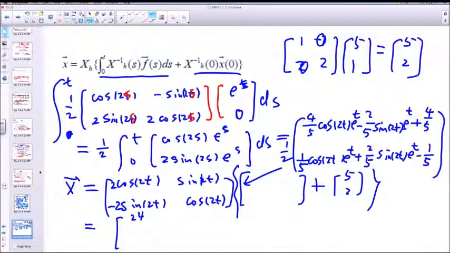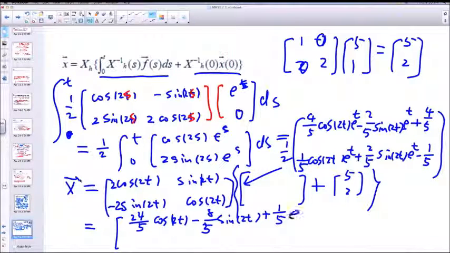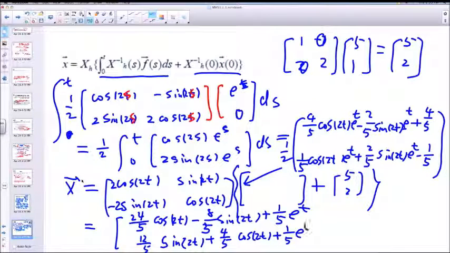The end result is going to be this, not too bad. 24 over 5 cosine 2t minus 8 over 5 sine 2t plus 1/5 e^t, and 12 over 5 sine 2t plus 4 over 5 cosine 2t plus 1/5 e^t.